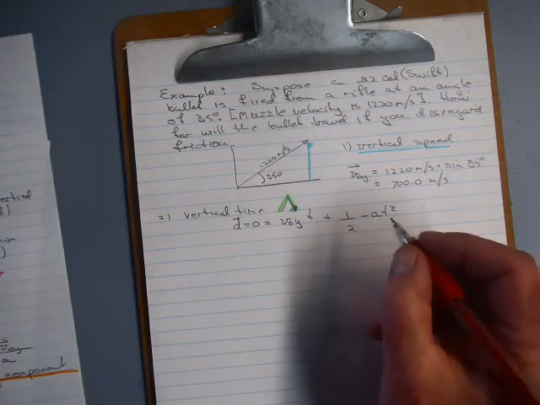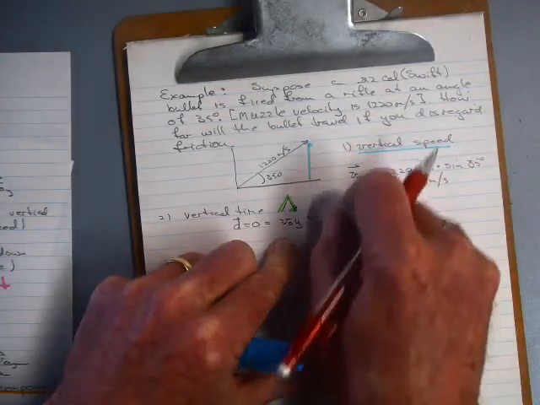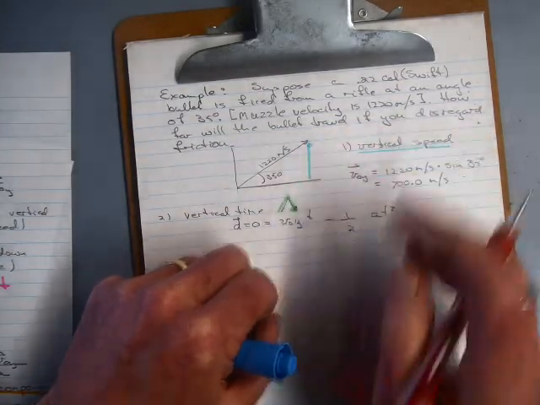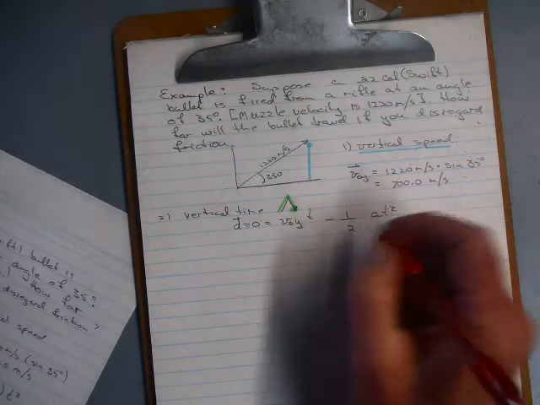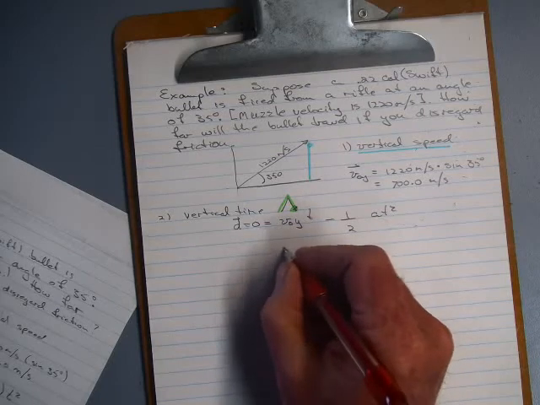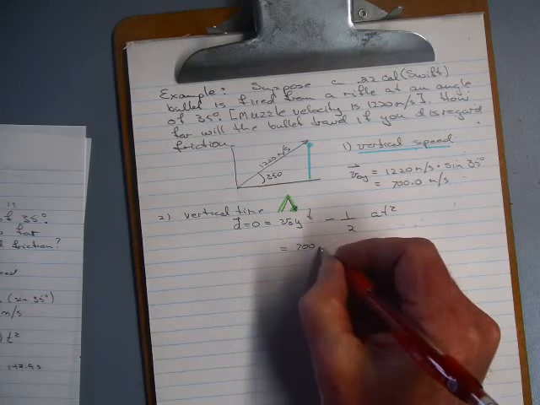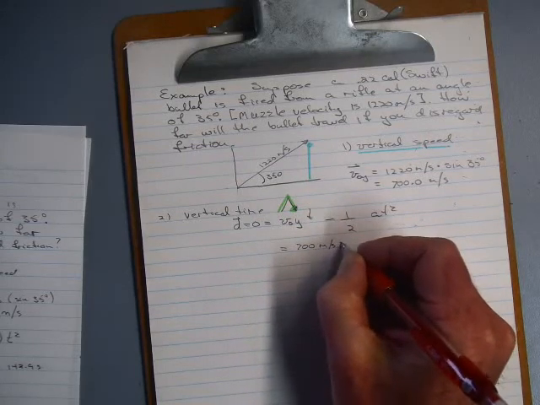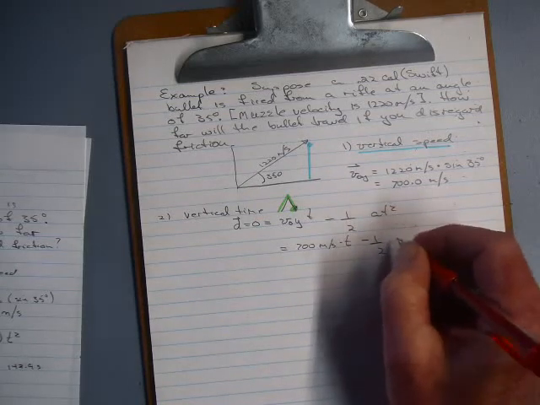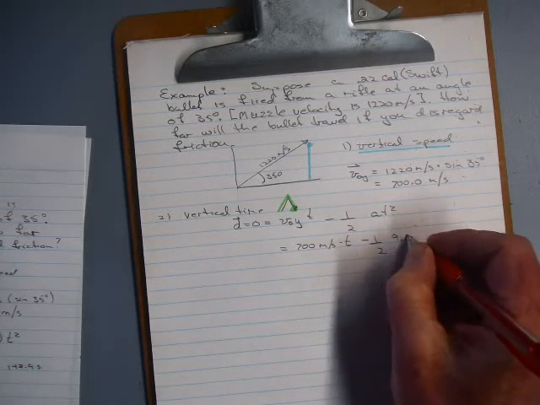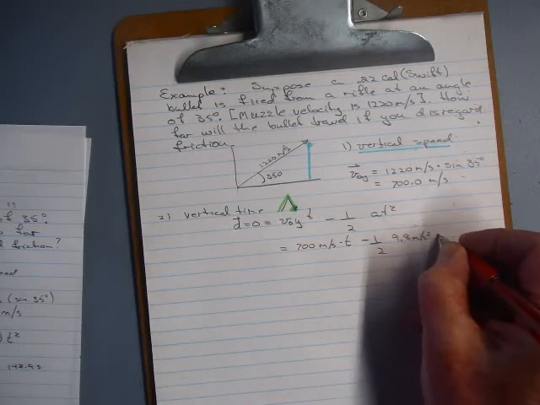Okay. Oh, do you know what I should do? I'm going to pull that out right away. That's better. Okay. So, which is equal to 700 meters per second times t minus 1/2 times 9.8 meters per second squared times t squared.